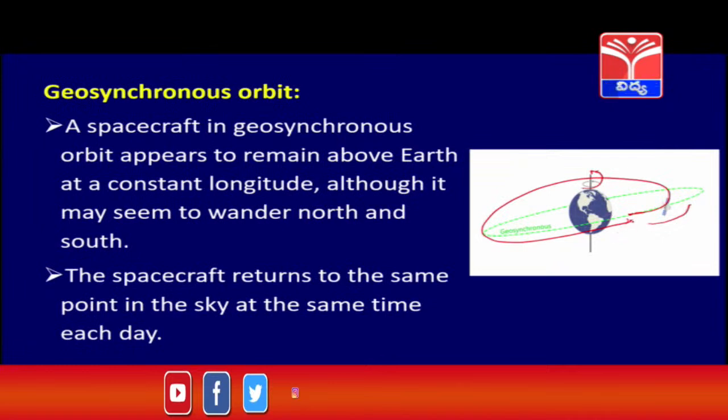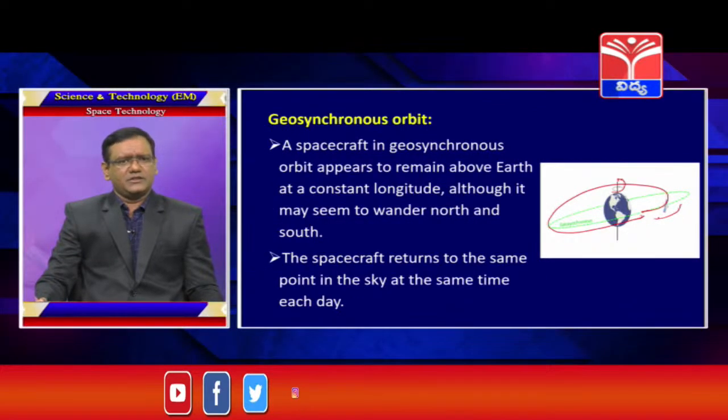So when Earth and the orbiting satellite have the same time period, it would look constant if you look at the satellite from the Earth.